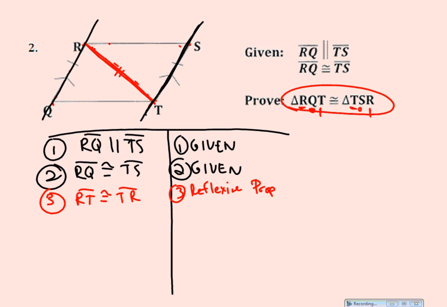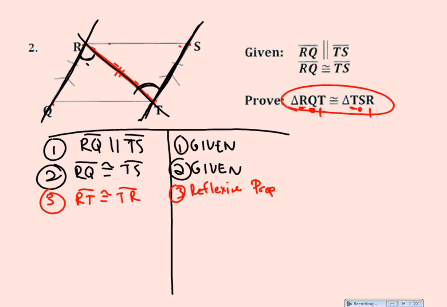Here's what's going to probably help me out the most, though. It would be awesome if I could show this one is congruent to this one. And the fact of the matter is I can, because these two lines are parallel. If I consider this my transversal, these end up being alternate interior angles.